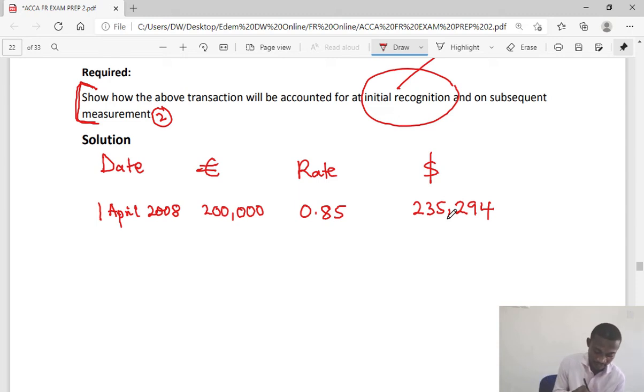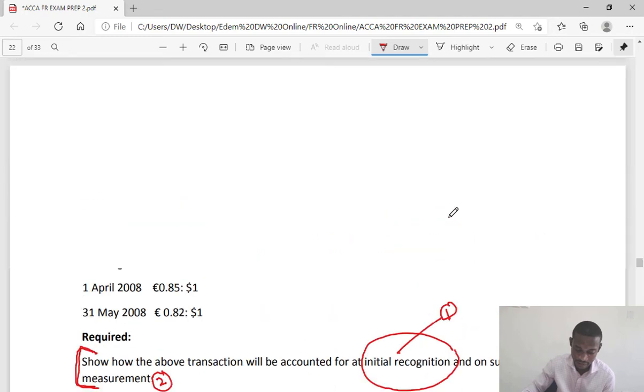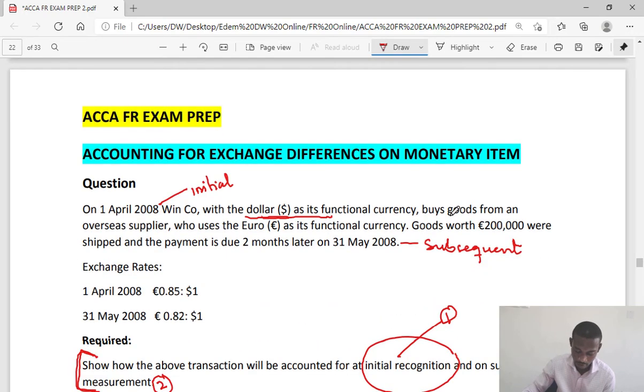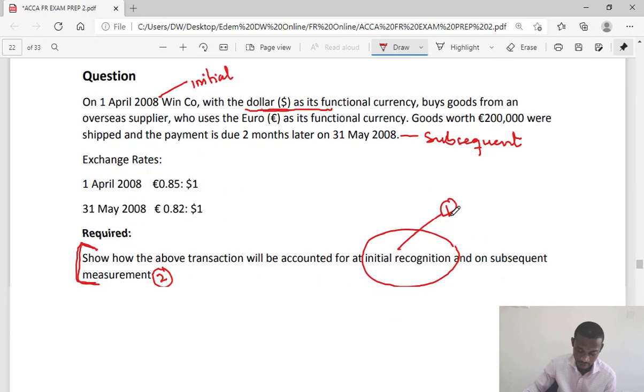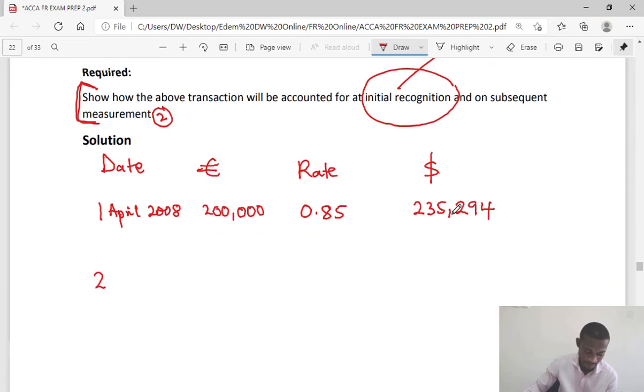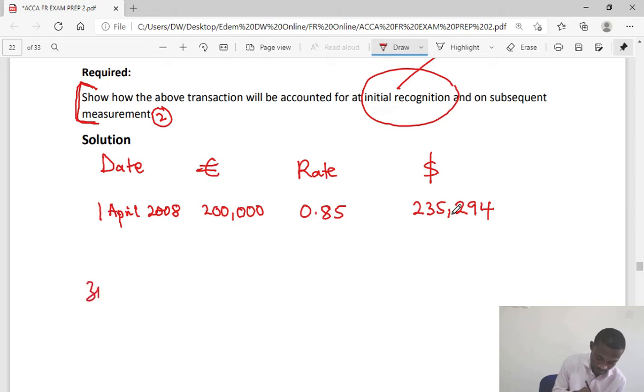So I'll leave a line in between these two dates, and I'll bring the date of settlement from the question, which is 31st May. That is 2 months. So I'll say 31st May here, 2008.